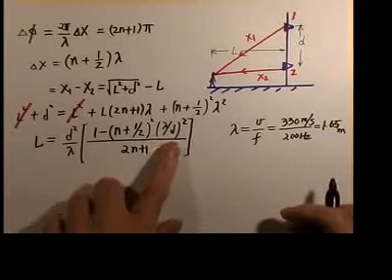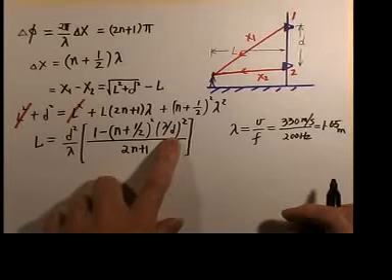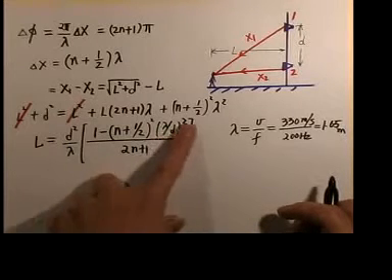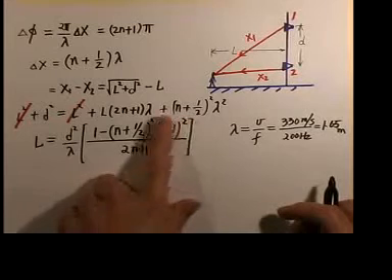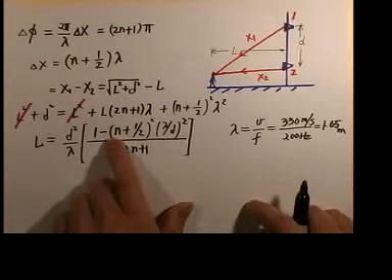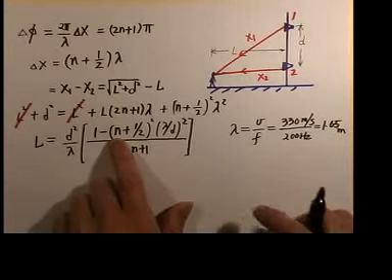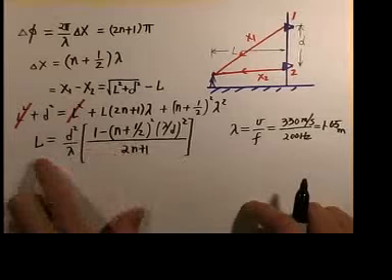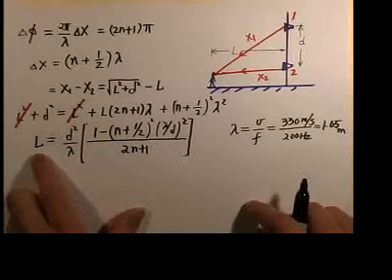And D equals 4.00 meters. So what you do is you plug lambda in and plug D in. You know what this ratio is, right? And then you make sure that you find the value of n such that n is not too large, so that this next term is less than 1, and therefore L stays positive.